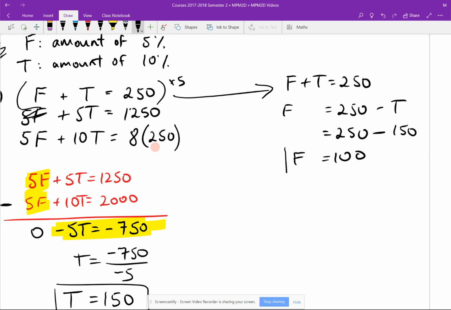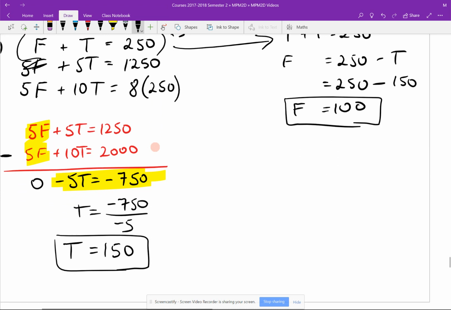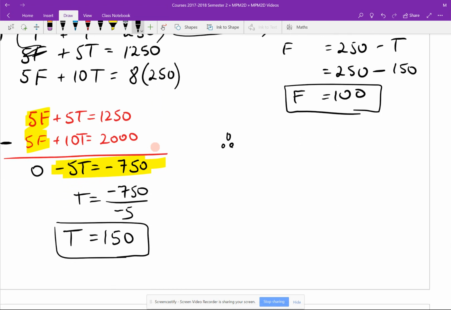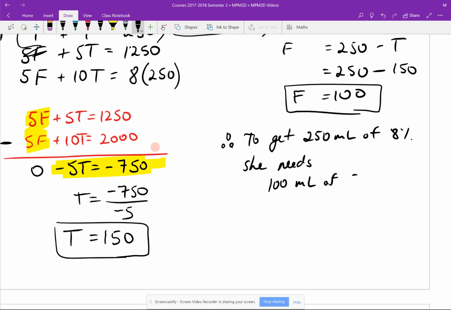So the amount of 5% acetic acid I need is 100 milliliters. Therefore, to get 250 milliliters of 8%, she needs 100 milliliters of 5% combined with 150 milliliters of 10% to get the correct concentration.